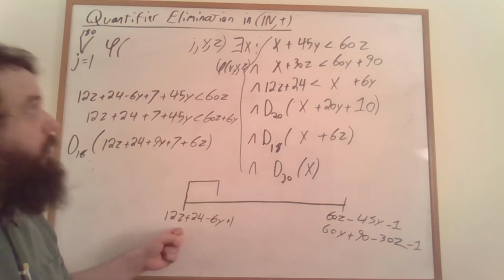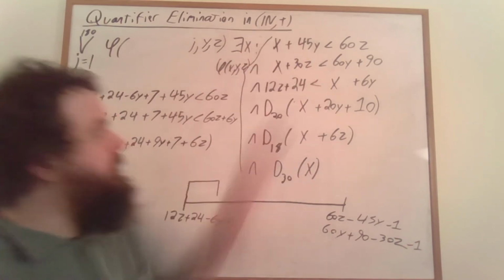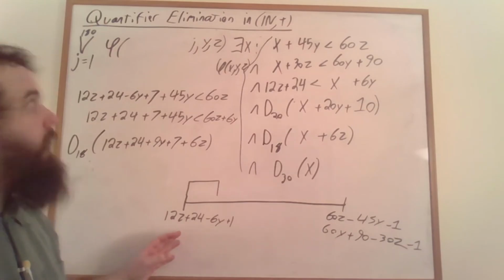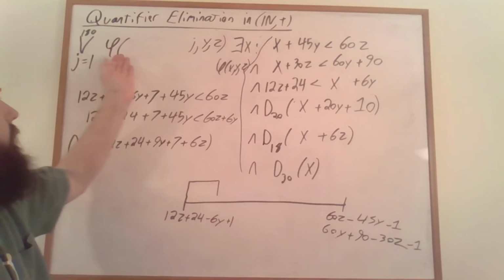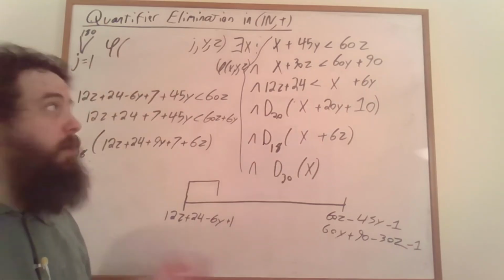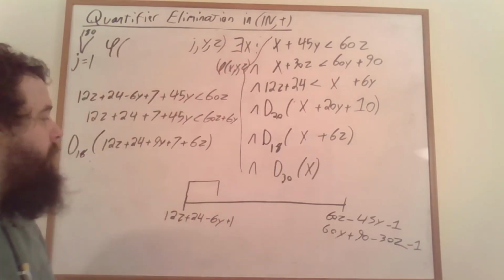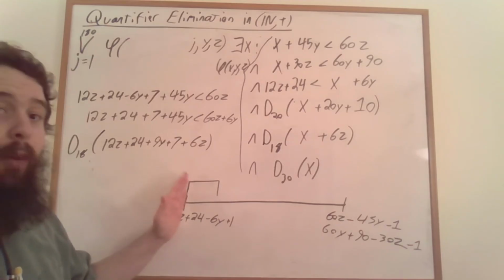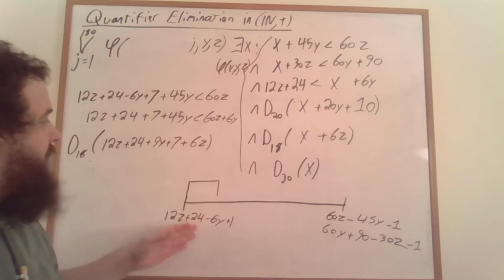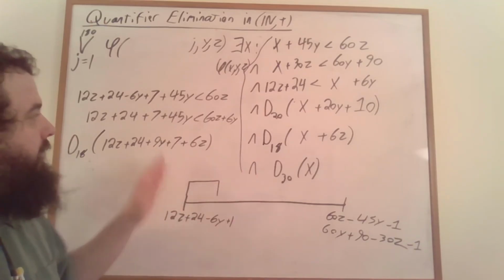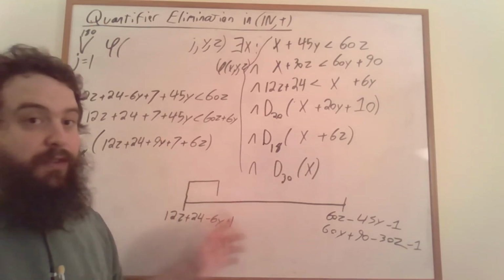I also haven't handled the case where there's no lower bound. If there's no lower bound, if none of the inequalities present give us a lower bound, then again, we just start our search from 0. And if there are multiple inequalities that give us a lower bound, we start our search from both lower bounds. So if we had 2 lower bounds in this case, we'd actually be doing 3 times 180 different searches.